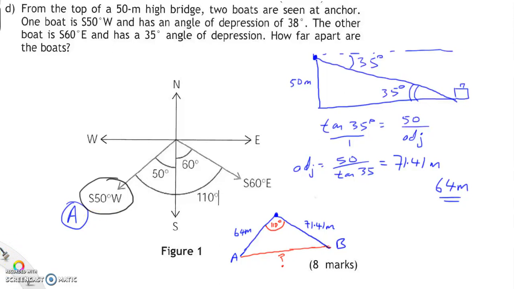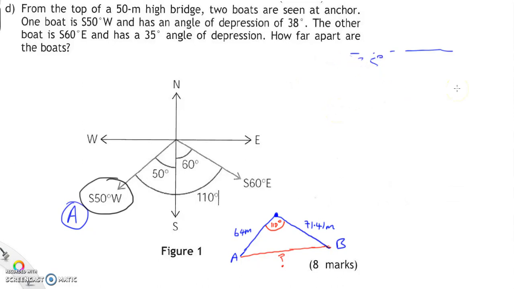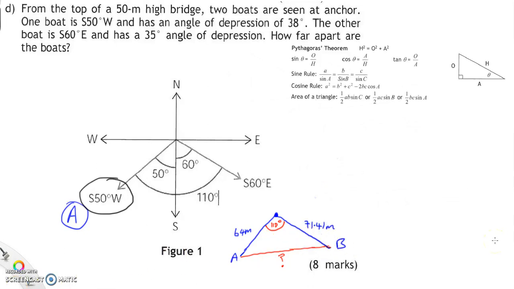Alright, I'm going to make space now. We have all our information on our little sketch. Now we're just dealing with a flat triangle on the surface of the water. And in that situation, we're dealing with the cosine rule. I've just brought in this clip from the exam paper.